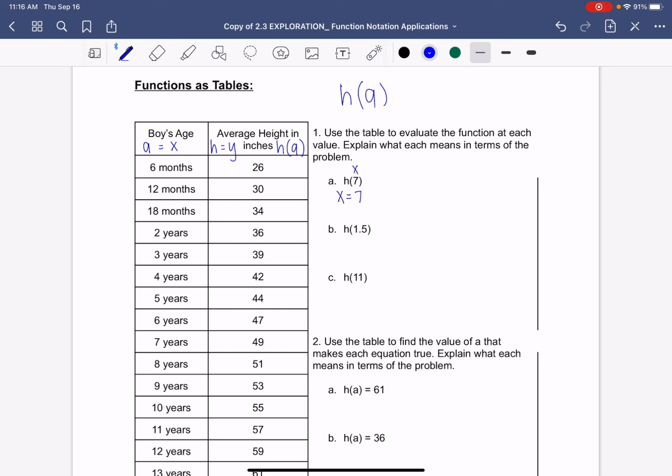So I'm going to look for 7, and he is 49 inches tall. So at the age of 7, he is 49 inches tall.